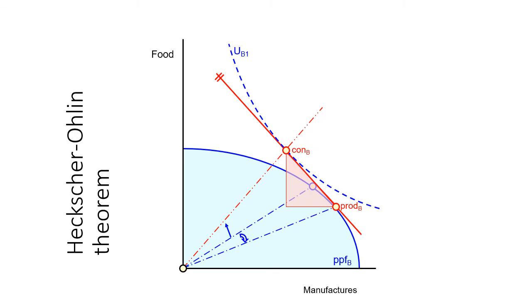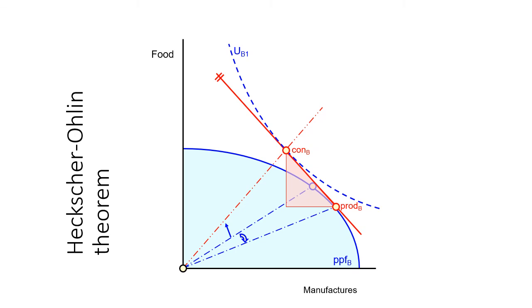What this relates to is a steeper line, meaning that your new point of tangency between your PPF, or your PPC, or your production possibilities curve, or your production possibilities frontier, is now at a more rightward position on your PPF. So this is the point of tangency between your ratio of prices under free trade, the red line here, and your PPF. So that is at production B.